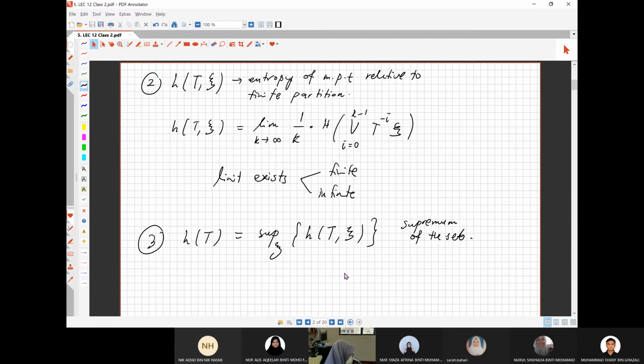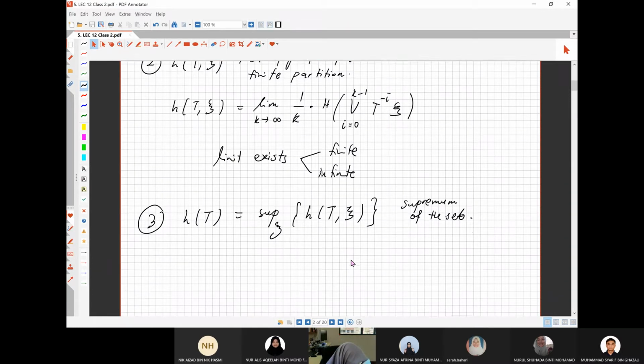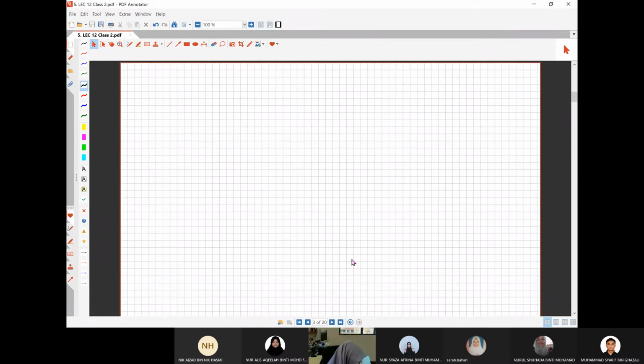Okay, you can have a home task for this case. You can do this on your own. Okay, home task. Let X be finite. Try to find the entropy.